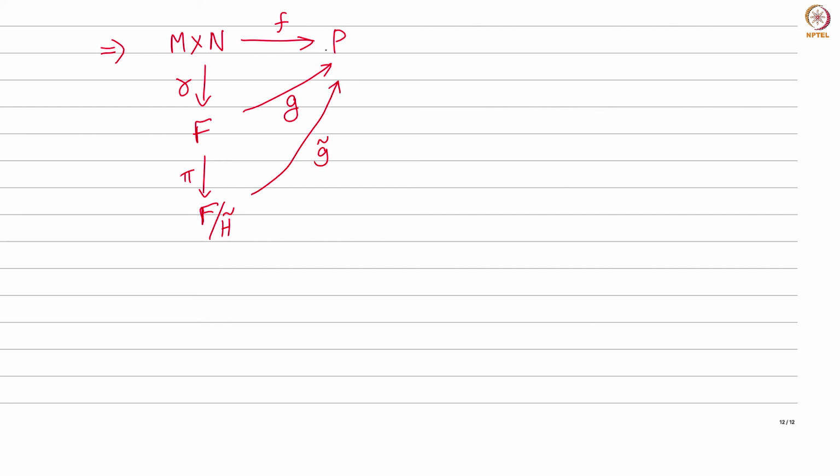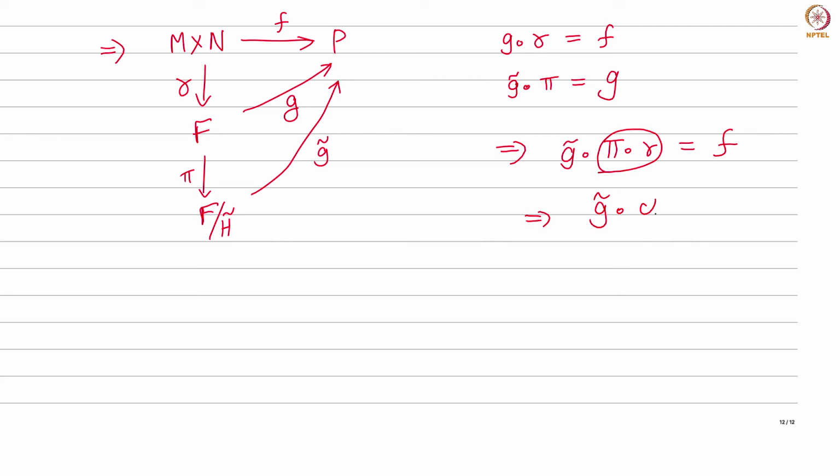So G composition gamma was F, and G tilde pi was G. Like we did earlier, you substitute G and conclude that this is F. Of course this means pi gamma was exactly our alpha, so therefore G tilde alpha is F, and that's exactly what we need to prove.